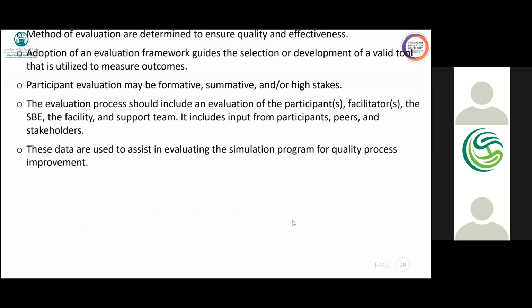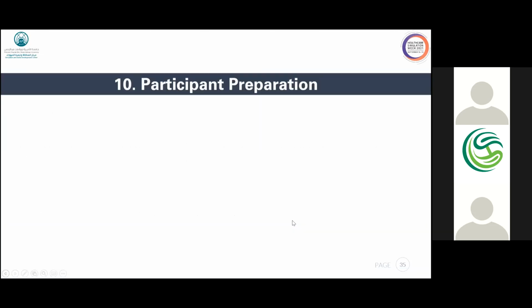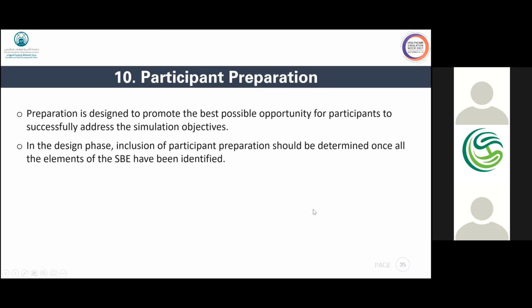Of course, if you are preparing the participants, it will be helpful to provide learning materials for them. This is also based on the outcome of the scenario. So going back to my example regarding infection control, you are expected to write down the materials they need to read or study before coming to the simulation scenario.